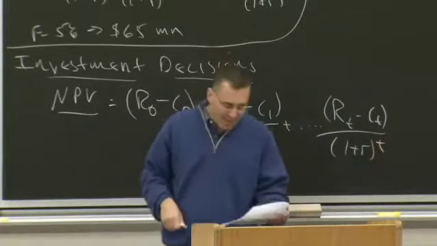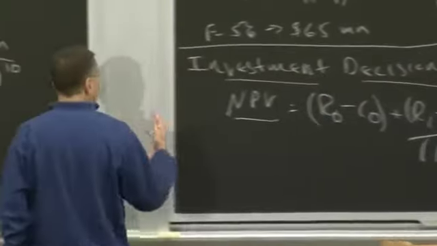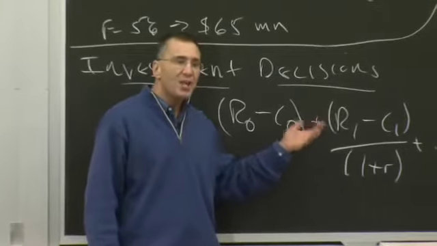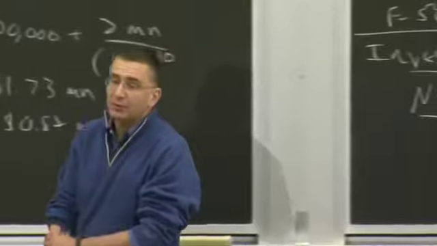So the net present value is a function of every year: is the investment making or losing money? And then adding those future gains or losses up, discounting by when they occur.